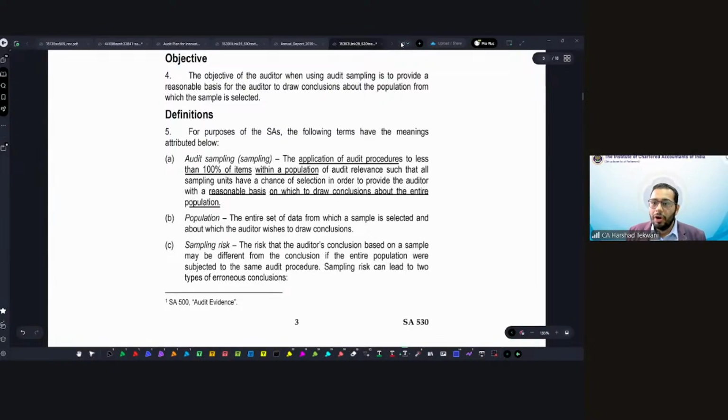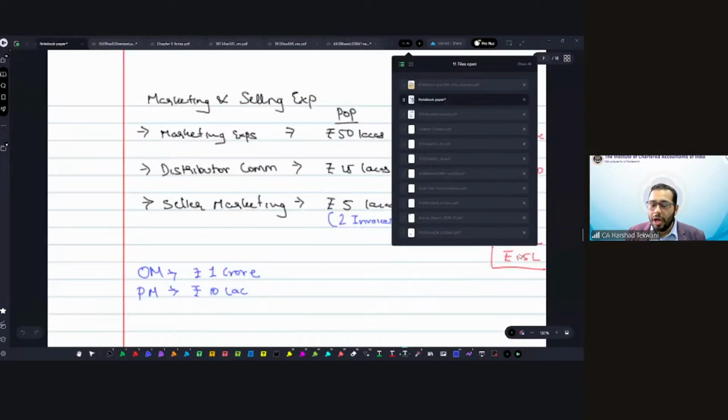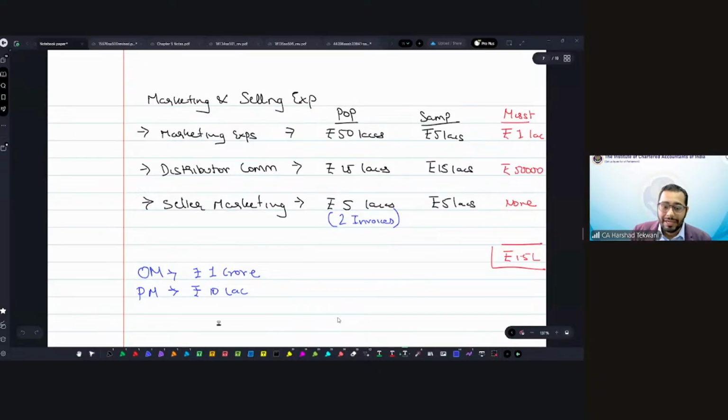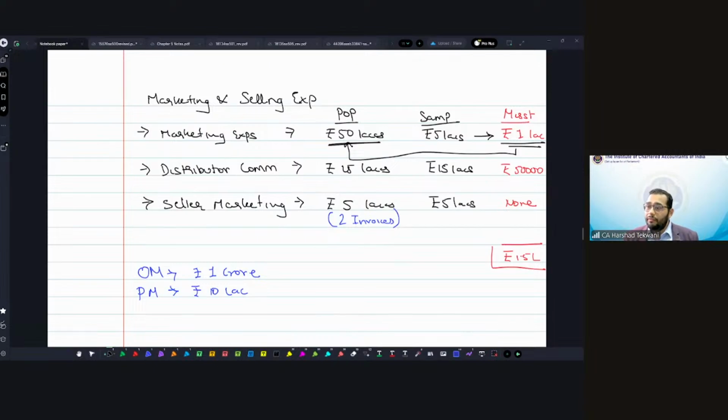So now we need to draw conclusions from the outcome of the testing on the entire population. If I have identified a misstatement of 1 lakh from 5 lakh, the question is, should I extrapolate and get an outcome on the 50 lakhs?